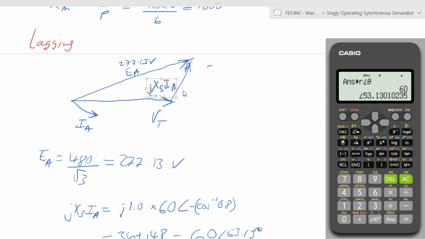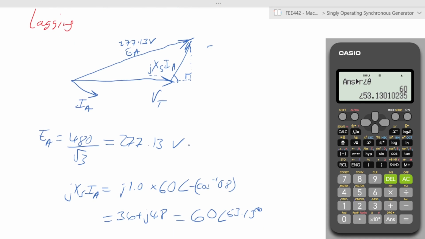So what you have here is, if you reduce it to its components, you have an angle of 53 degrees there, and then you have 36, which is here, that is the real component, and then you have J48 here, all right? So that this particular one is 60 at an angle of 53.13 degrees, right? I hope that makes sense.